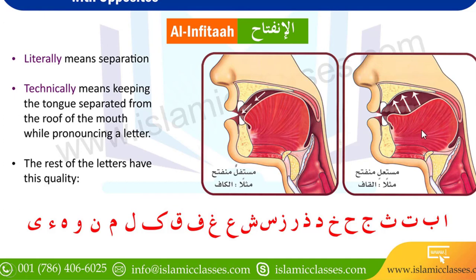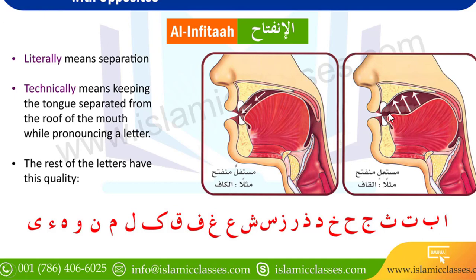Look at the right image here, it's written Musta'lin Munfatih, for example the letter Qaf. This image is telling us that the letter Qaf is Musta'liya, and in Musta'liya we read that the back of the tongue moves to the roof of the mouth, which is basically the sound moving to the roof of the mouth.